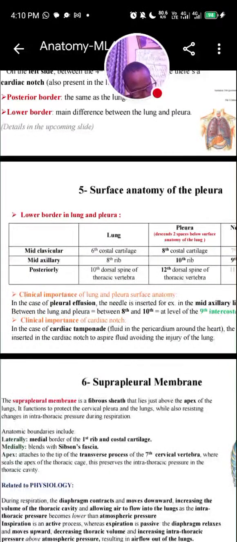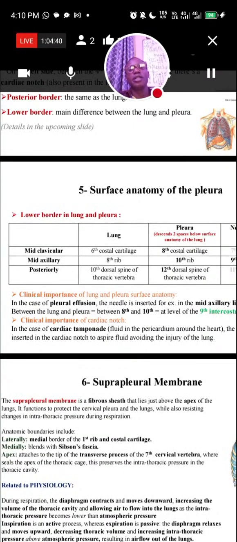We have cardiac tamponade, which is fluid in the pericardium around the heart.